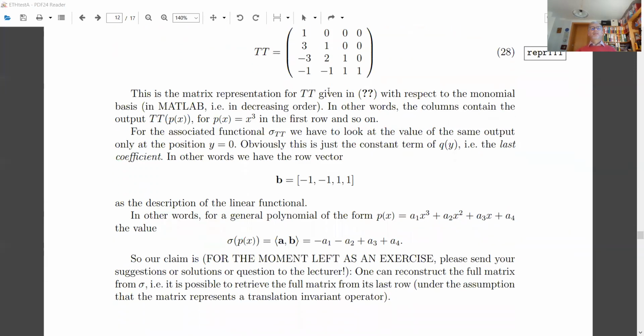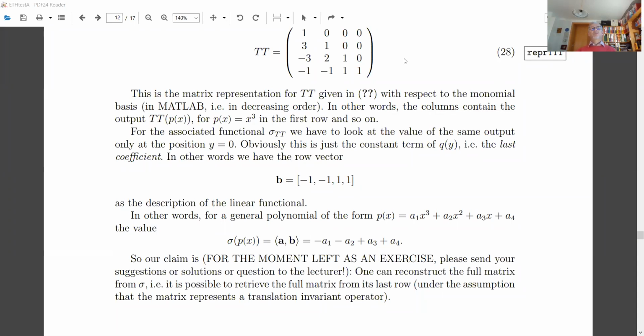Now, on the other hand, there was this procedure where you are asking what is the value of each of these polynomials if you apply the functional. I was giving you the procedure, and the procedure was very clear: take the value at 0.